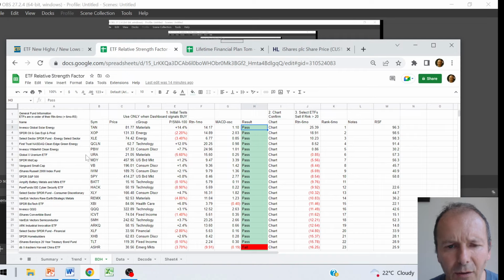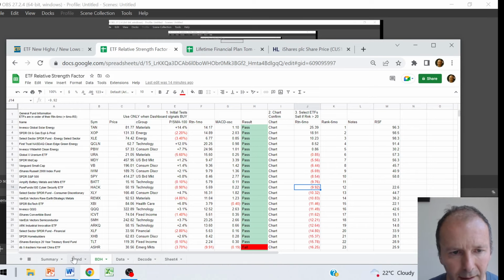If 2 or more of those are positive, then the result is a pass, and then it's ranking on 6-month momentum. And then you sell if the rank drops below 20. So ideally you're buying something that's moving up the ranks and selling something that's consistently moving down the rankings.